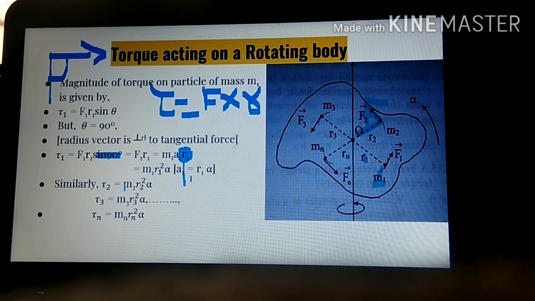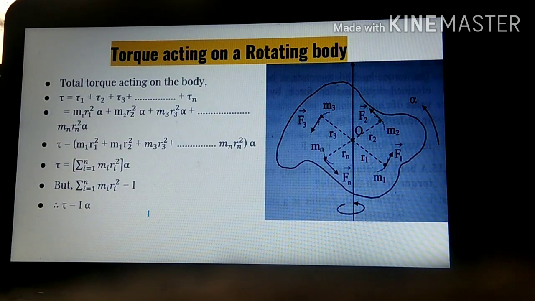Similarly, tau 2 can be written as M2 R2 square alpha. Tau 3 can be written as M3 R3 square alpha. We can move up till the nth particle, so tau n can be written. If we add all of them, we will get the total torque of this rotating body.